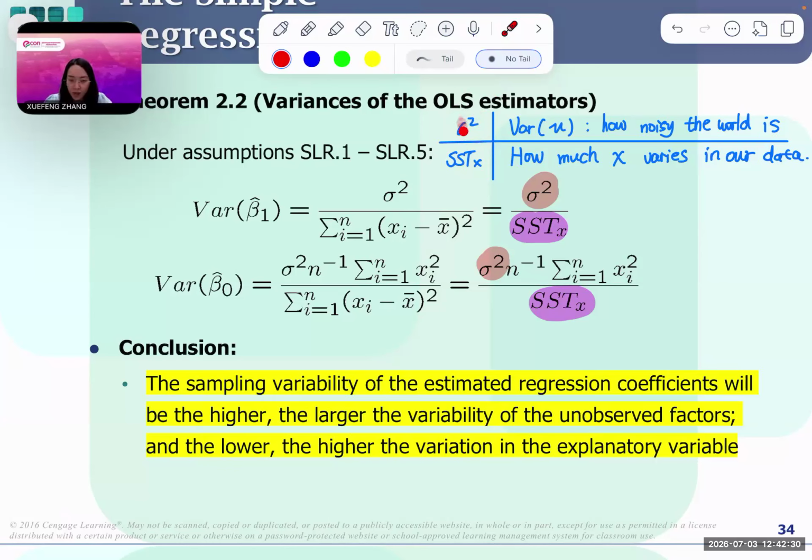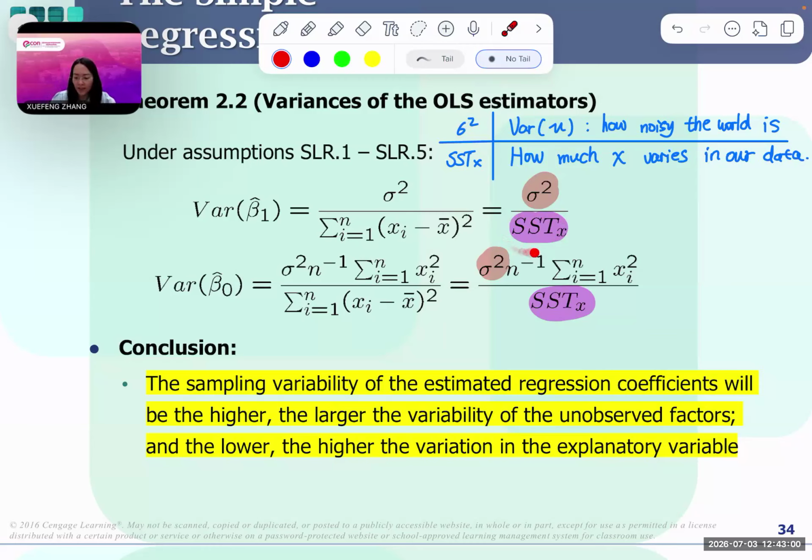In other words, because sigma square is in the numerator, if the world is very noisy, mu is huge and unpredictable, our estimate beta 1 hat jumps around a lot, okay? Variability. More noise in mu, harder to pin down the true beta 1. Okay, this means a less precise estimate.